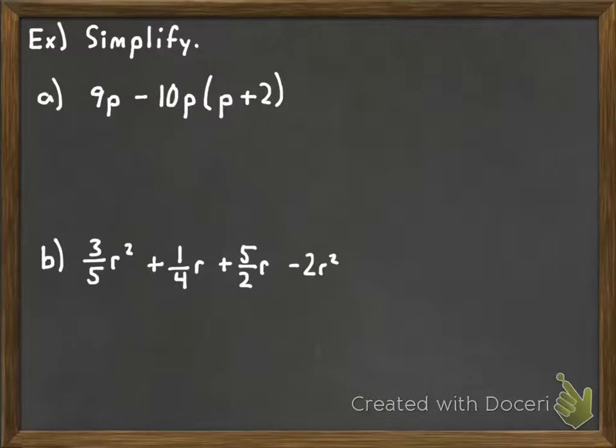Remember, I always want you to copy down the original expression first, and then to show your work, you're going to go ahead and put an equal sign at the end of that, and you'll follow through with the first step, and then you'll keep doing the subsequent steps underneath. All right, don't ever write out an entire problem on one line. We're not trying to conserve paper. We're trying to do things correctly here. Okay, so I want to look at following order of operations here, and you're going to notice we've got, well, a product there, 9 times p as a product.